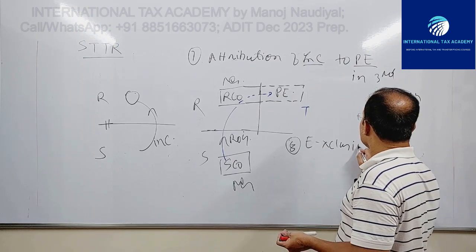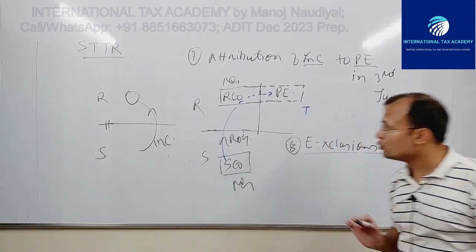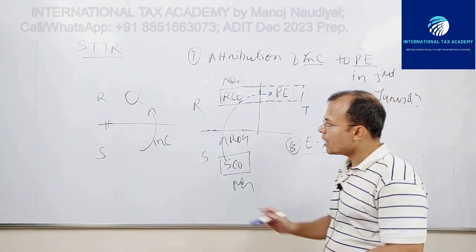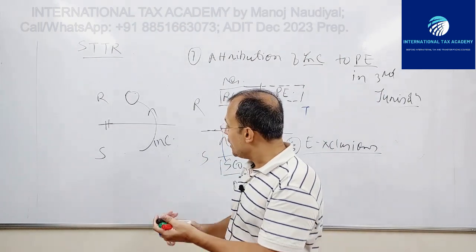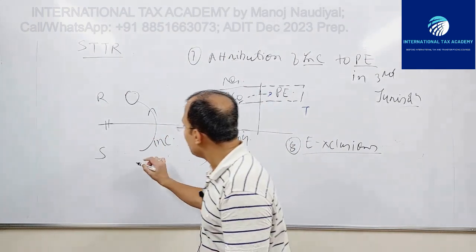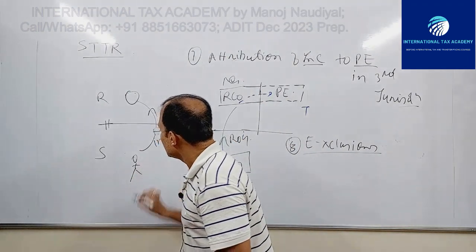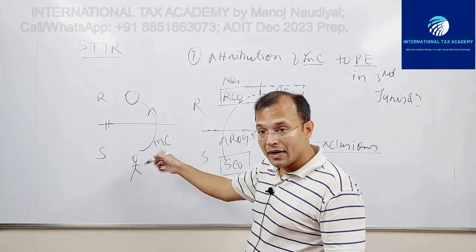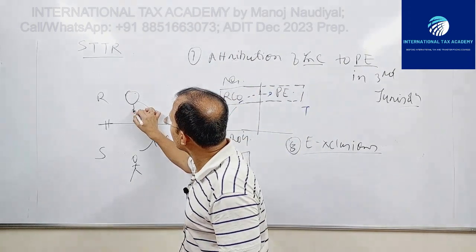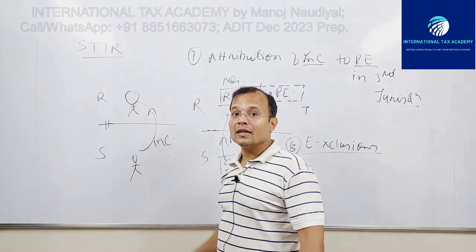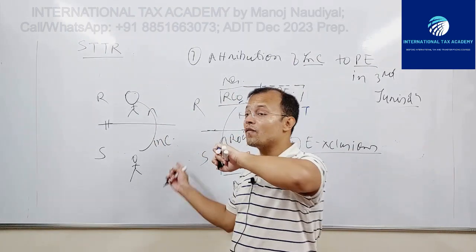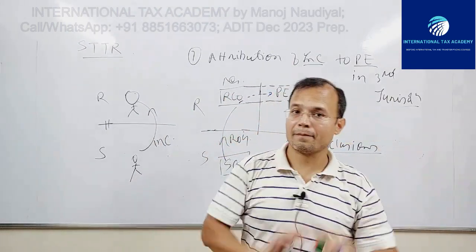Paragraph 8 is exclusions. Covered income, interest, royalty, etc. If this income is paid by an individual to another individual, then this will be excluded. This is not within the scope of STTR.